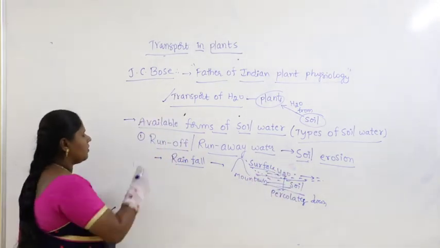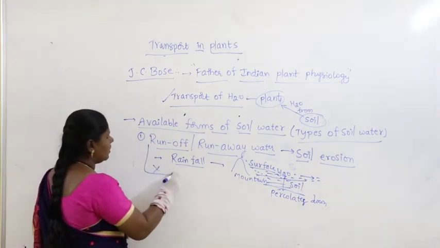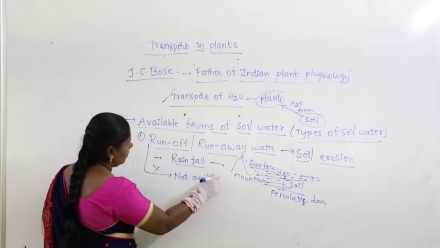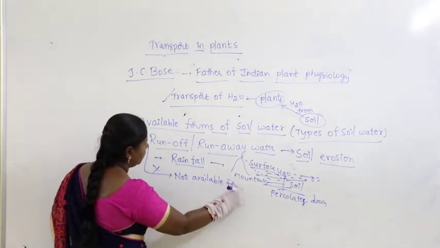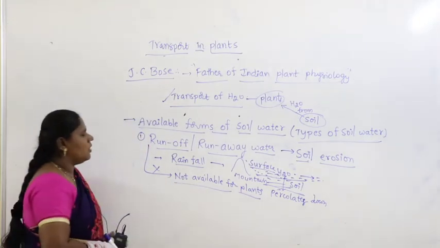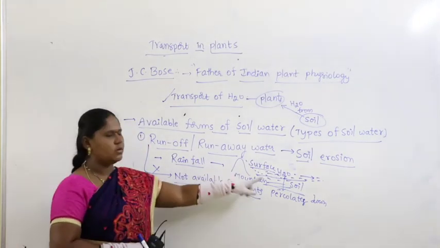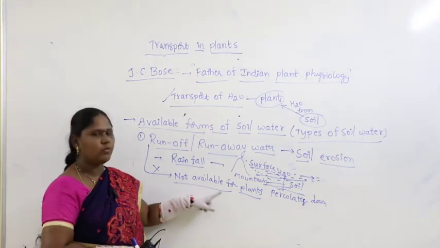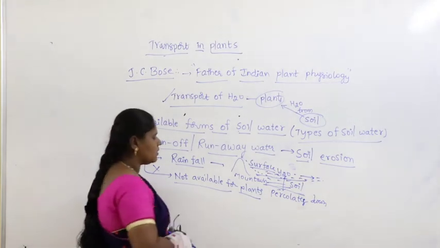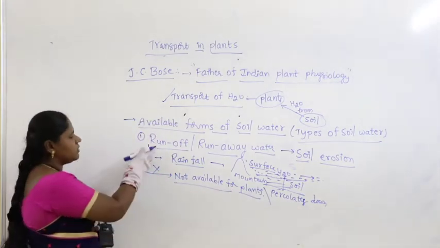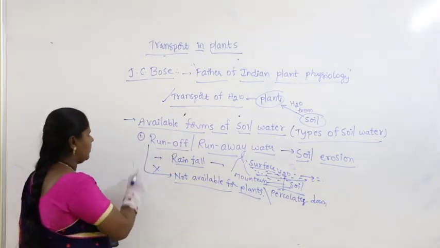Now this particular water is not available for plants. Transportation or movement of water is happening, but this water is not available for plants. Plants cannot make use of surface water or runoff water.